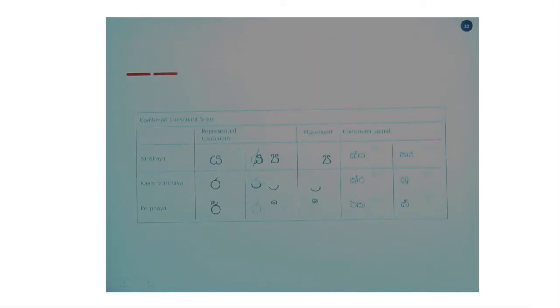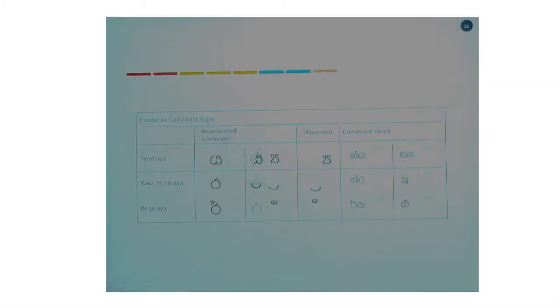And then we have the combined consonant signs, which are called the Yansaya, Rakarangsaya, and the Repaya. These are under the category of combined consonants, but it's not actually bringing two letters together. It's actually bringing parts of the letter, and I will be talking about how the terminology had come in.